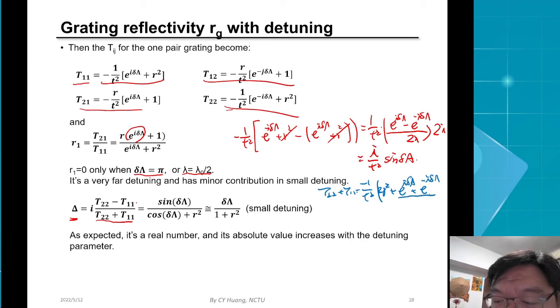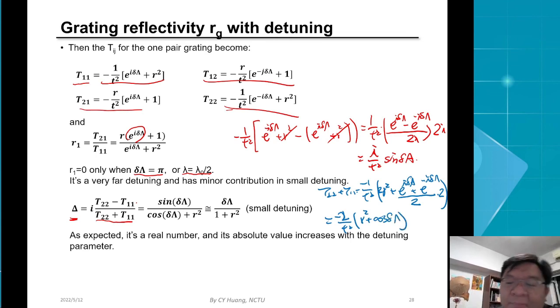We can divide by 2, then multiply by 2 again, and pull out minus 2 directly, so it is r squared plus cosine delta lambda. When multiplied by i inside, it becomes minus 1, and eventually you will get the result. You can double confirm that.